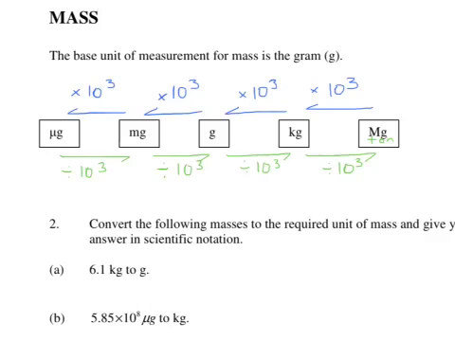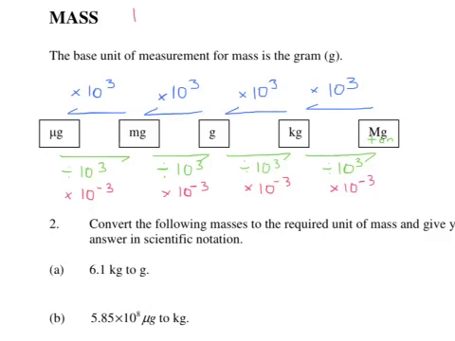Now dividing by a positive power, that is a base with a positive power, is the same as multiplying by the negative power. If you have a look at the second index law, that's really what it's telling you.